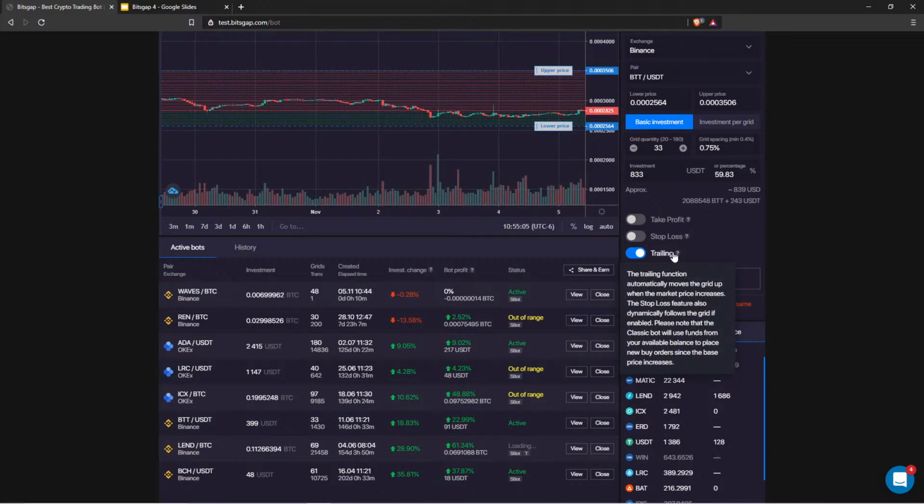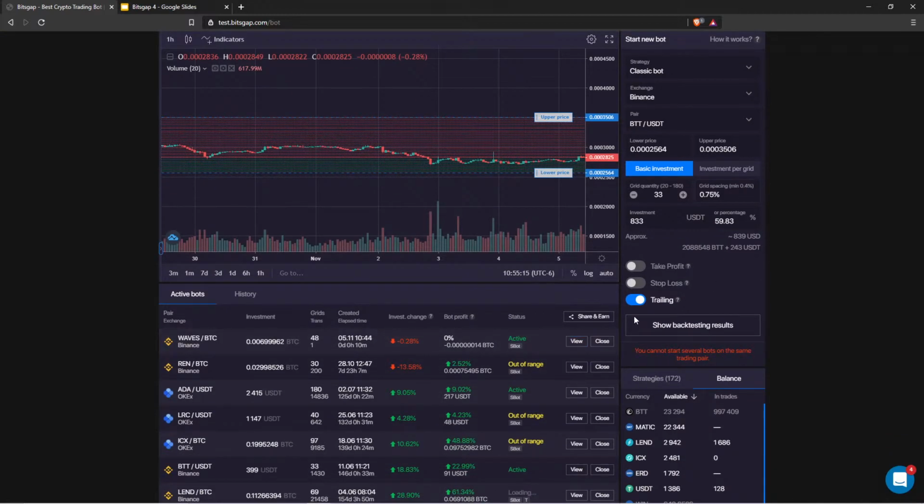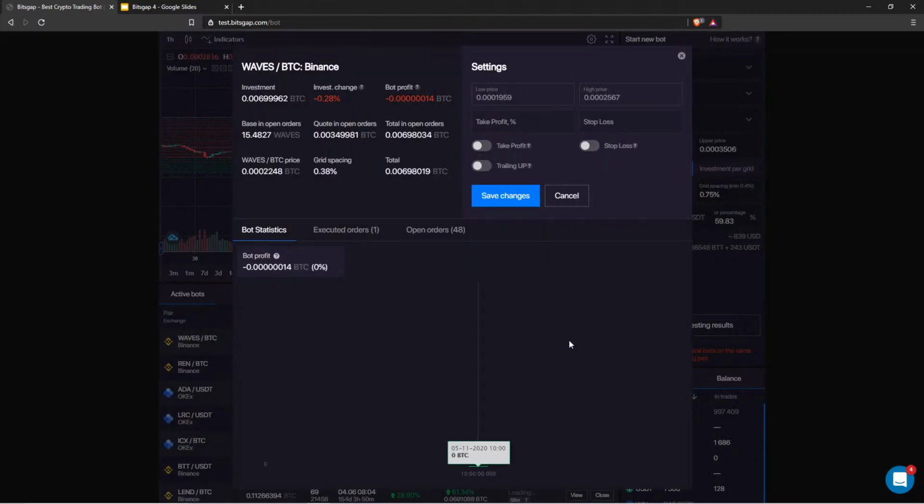Trailing, you see, if you forgot to switch it on at the time of strategy initiation, then later you can still optimize it. So let's say for Waves, the one that we've initiated just 10 minutes ago, you click on view and you can switch a trailing up instrument on.